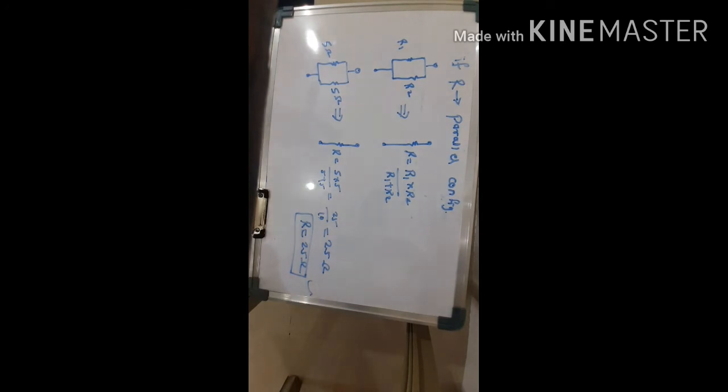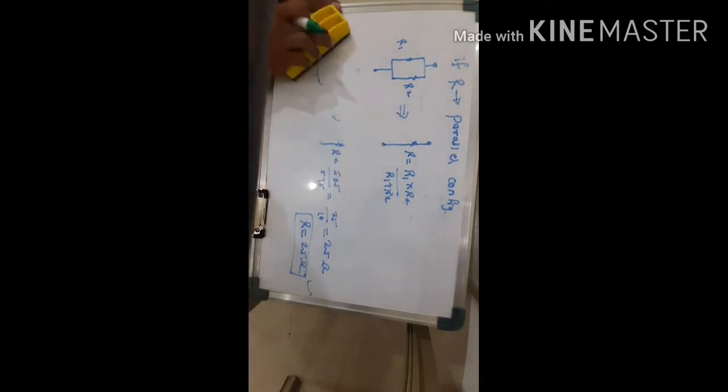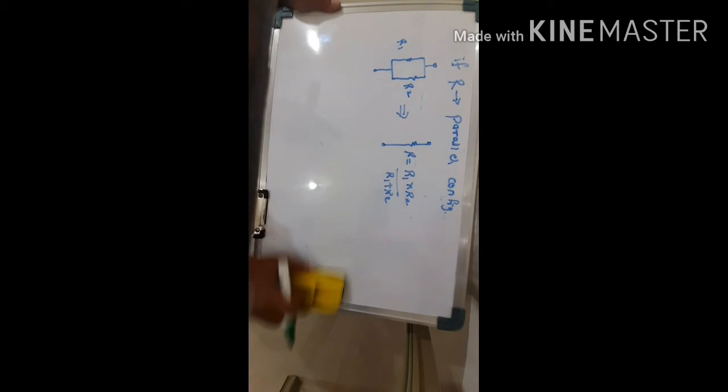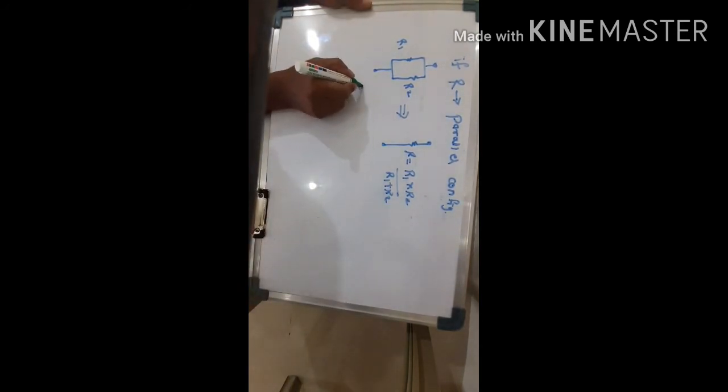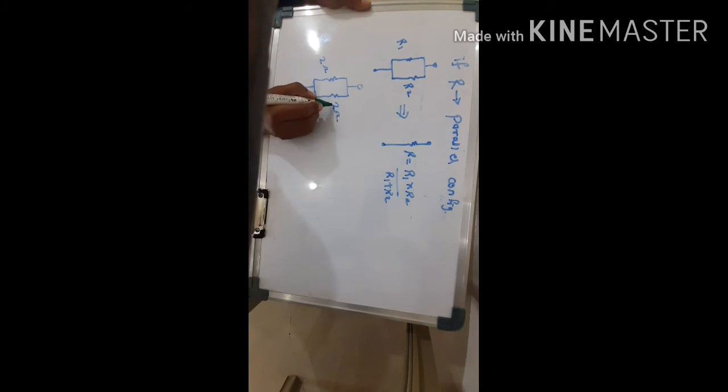Then next we will see one more example of resistances connected in parallel configurations. Here again two resistances are connected in parallel, that is 2 ohm and 3 ohms.